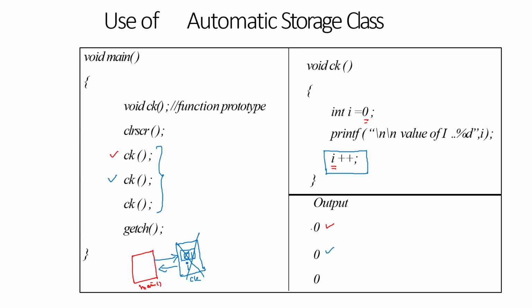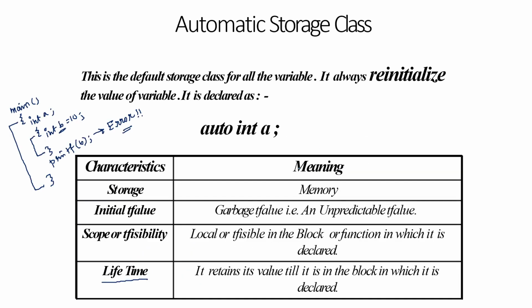And this happens because the storage class of the variable I is automatic. That is why its lifetime is within the block only. So when the block vanishes, naturally the lifetime ends, that means the variable I also dies.